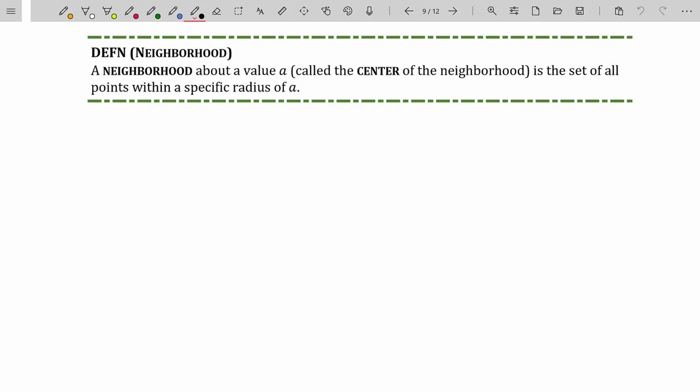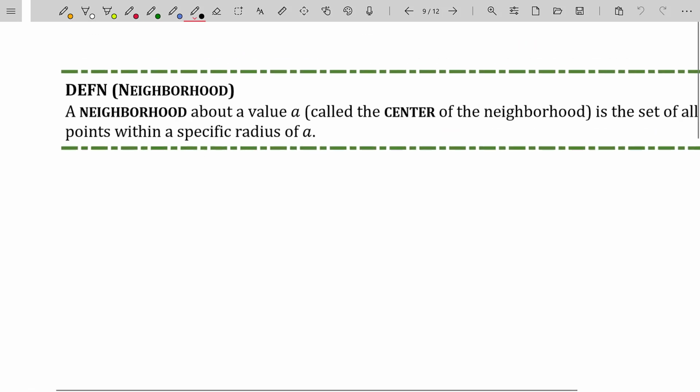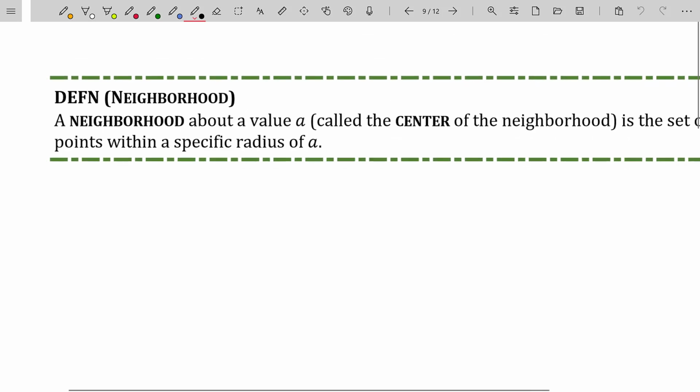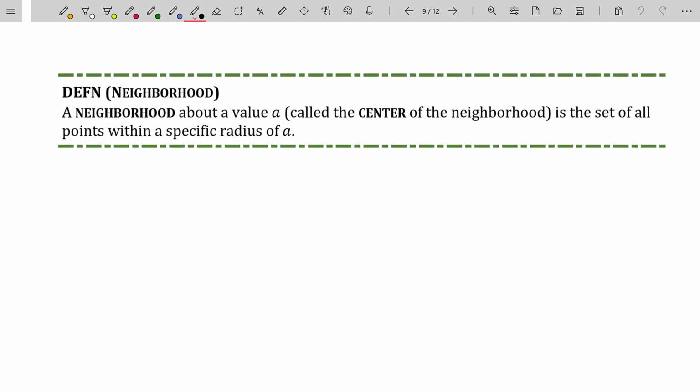So mathematically, a neighborhood about a value A, called the center of the neighborhood, is the set of all points within a specific radius of A. Now that's a very simple definition. If you think about it, I have some point A, and a neighborhood centered at A is just a set of points symmetrically placed within some distance of A. So this might be A plus, let's use the letter delta, and A minus delta.